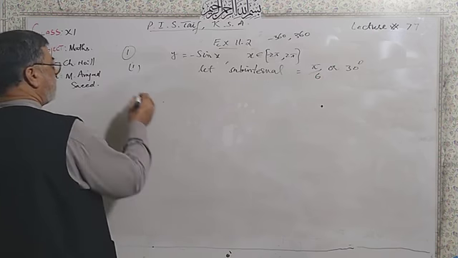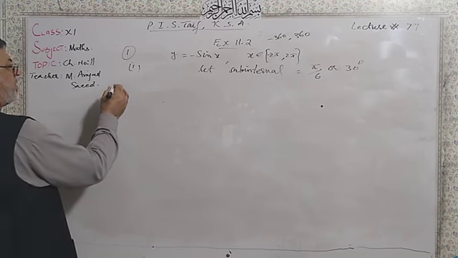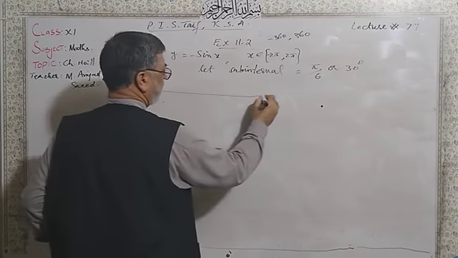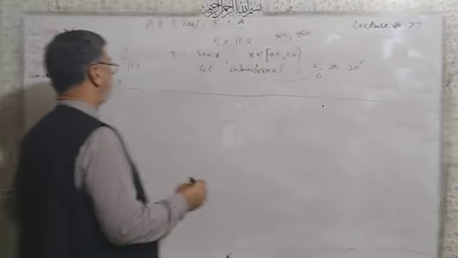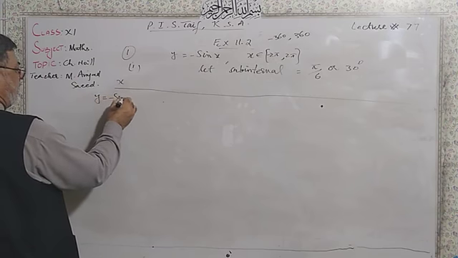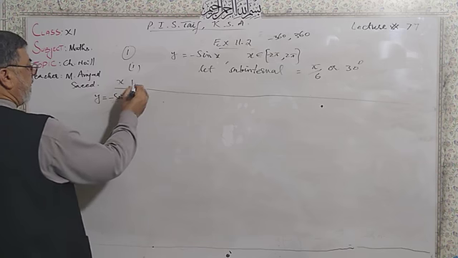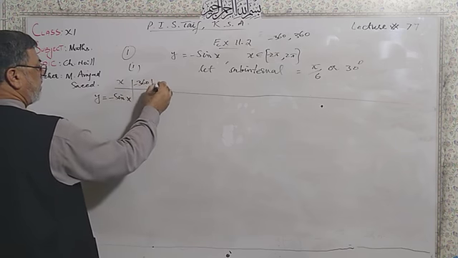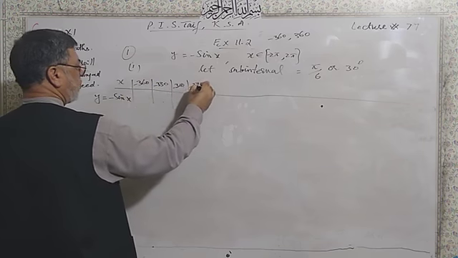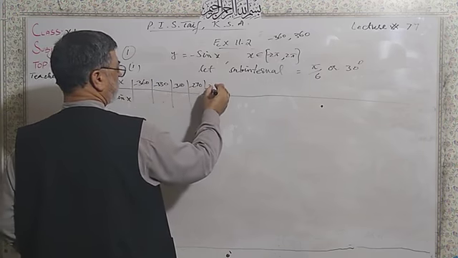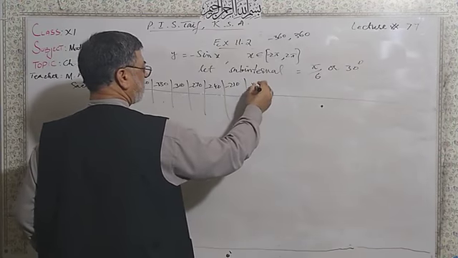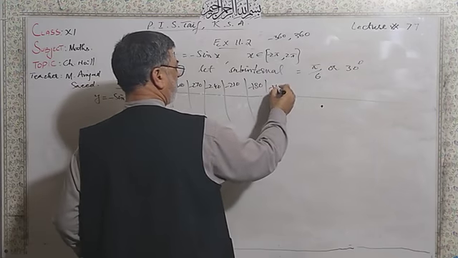So dear students, you can make the table of values. Here is x and this will be y is equal to minus sin x. X is minus 360, minus 330, minus 300, minus 270, minus 240, minus 210, minus 180, minus 150.